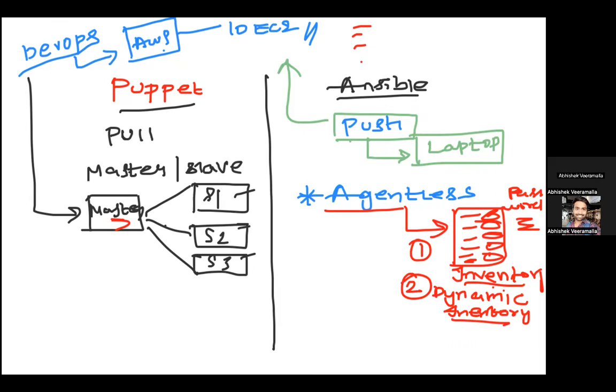But with the concept of dynamic inventory, if you are creating 100 new servers in your AWS account, Ansible is capable, by just making some settings, or by adding an INI file, I'll also show you that. By making those changes, you can ask Ansible that whenever a new EC2 instance is created on my AWS account in a specific region or availability zone, directly consider it as a server that has to be managed by you.